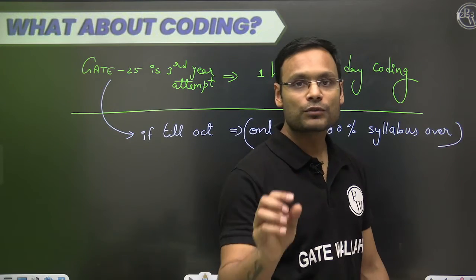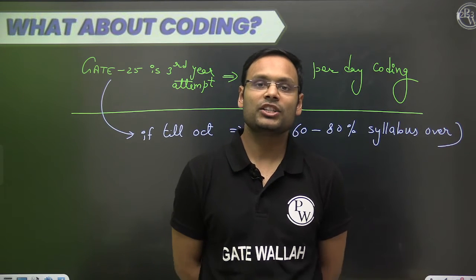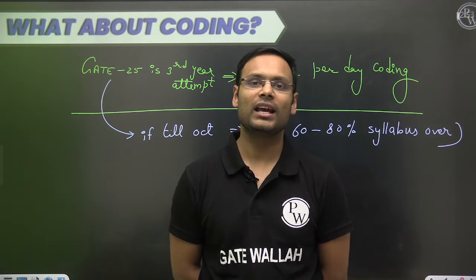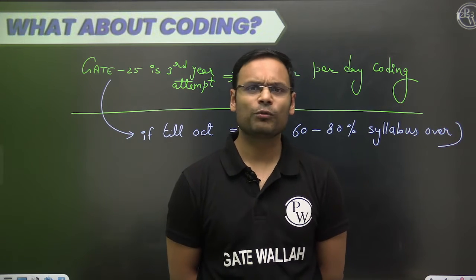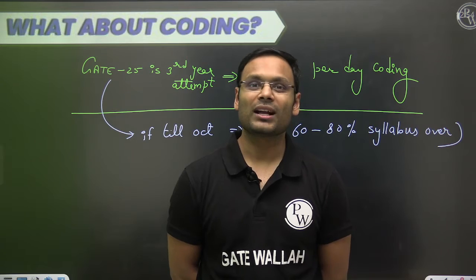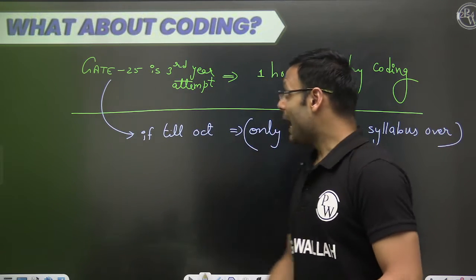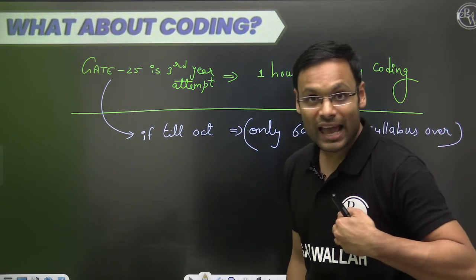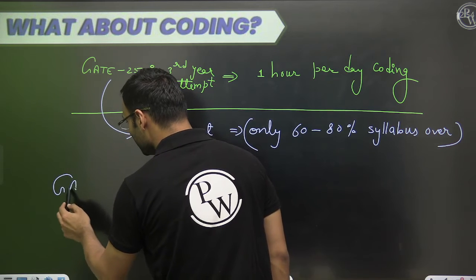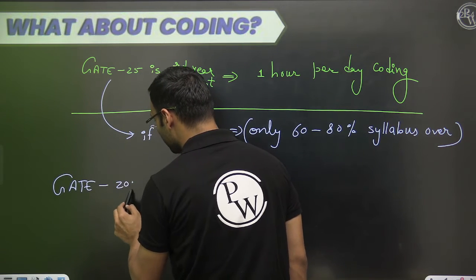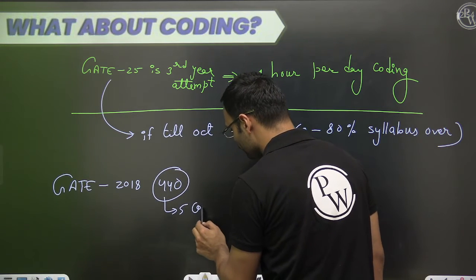I have seen a lot of students who are covering the courses till January month and they just go for the examination, and in the examination they do the blunder. Why? Just because if you do not go for revision or practice, you cannot have a good rank. I'll give you an example. The last time I attempted the GATE exam, as a GATE educator, GATE faculty, that was GATE 2018, my rank was 440 with just 5 courses.